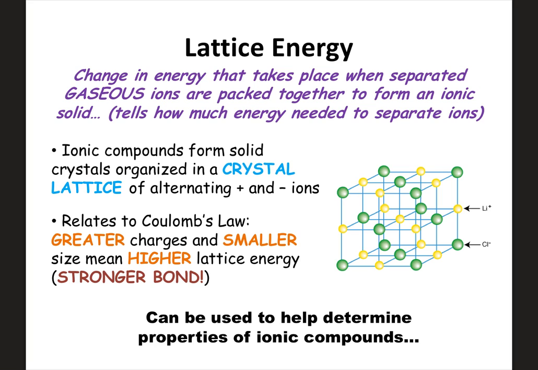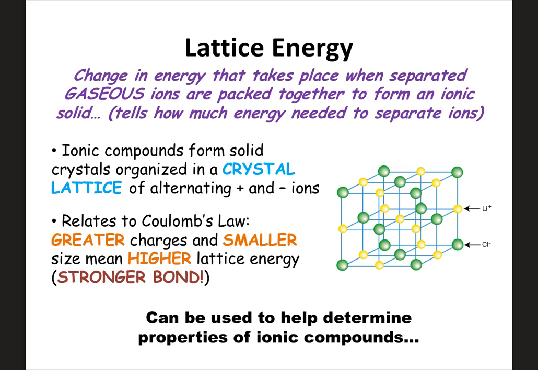It's basically telling you how much energy you need to separate two ions. So let's look at the definition here. It says that it's the change in energy that takes place when separated gaseous ions are brought together to form an ionic compound. So it's very important to understand that lattice energy is talking about when you take the gas form of the oppositely charged ions and you bring them together. Essentially lattice energy is telling you how much energy you need to separate those ions. So essentially it's telling you the strength of the ionic bond.